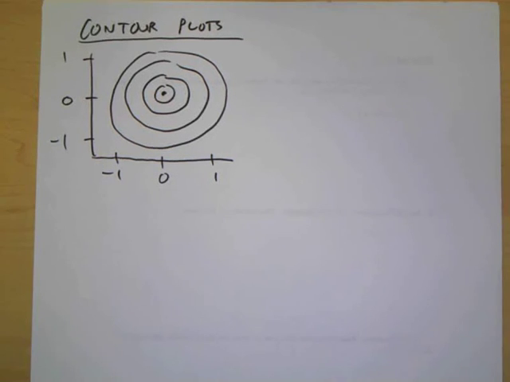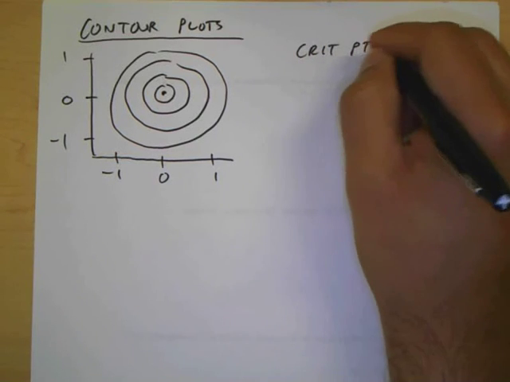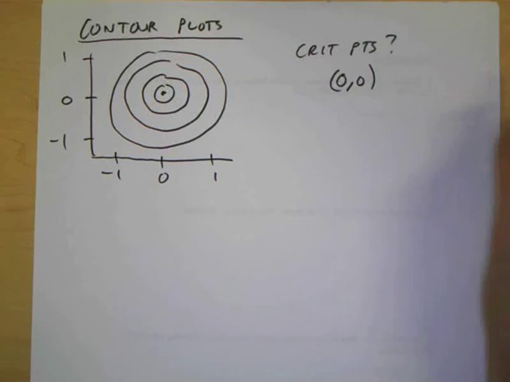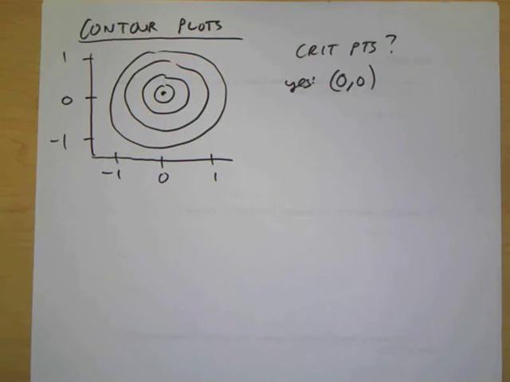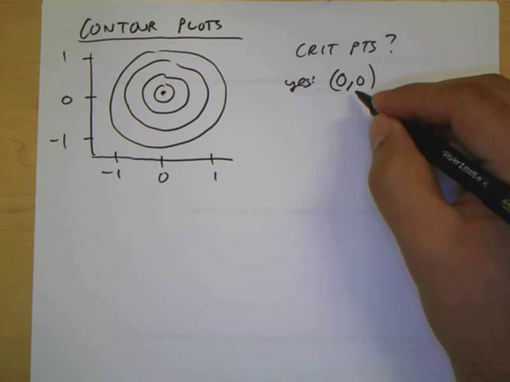Are those spacings the same amount? We don't know, and it doesn't matter. If I ask you, are there any critical points? You would say, where? 0, 0. Yes. Now, could you tell me what kind of critical point it is? Relative min, relative max? No. So at this point, we can say 0, 0 is a critical point.